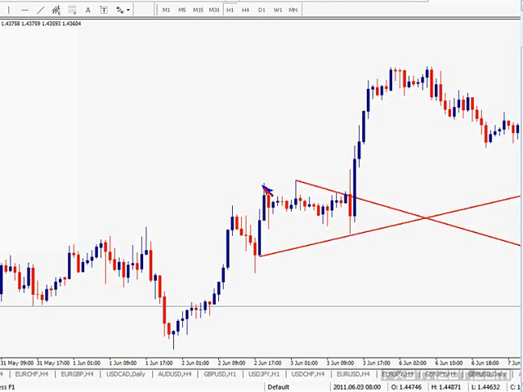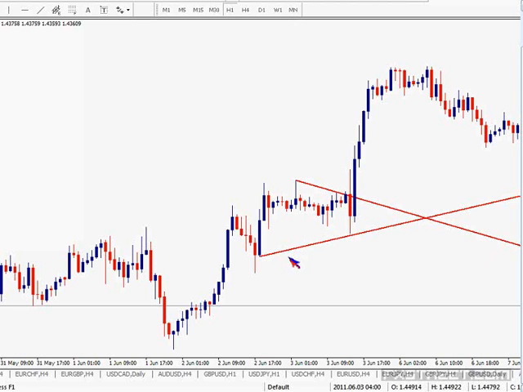Of course, the movement of price inside the triangle is not something neat. On the contrary, we are seeing this kind of movement, not as we have seen in the box, with 1, 2, 3, 4, 5, 6 points of touch.